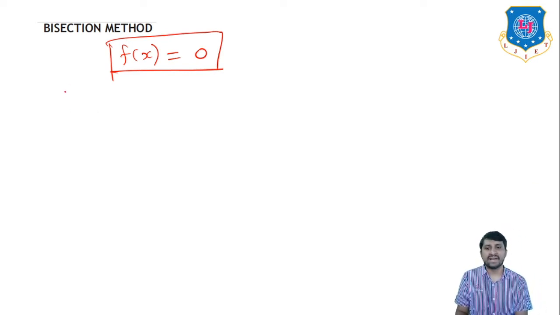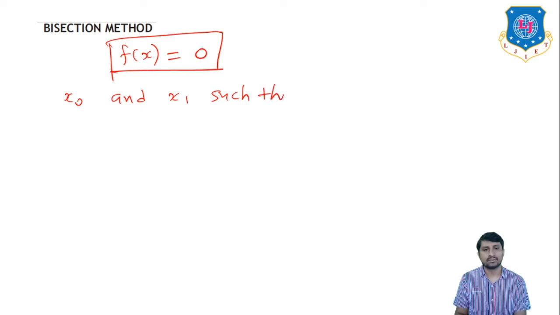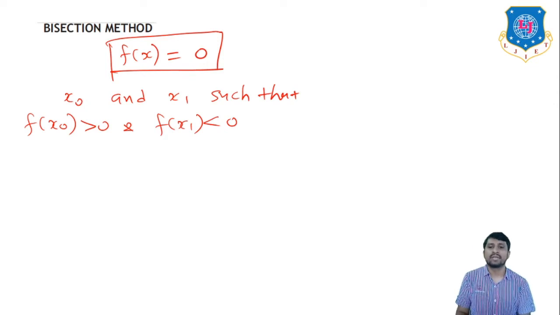First we find x0 and x1 such that f of x0 is greater than 0 and f of x1 is less than 0.